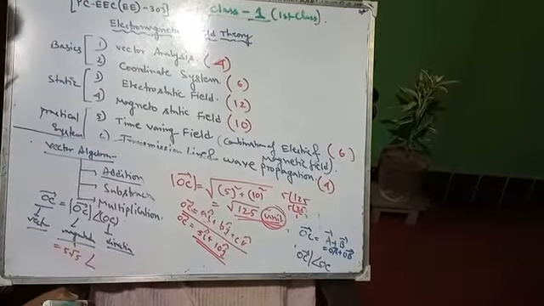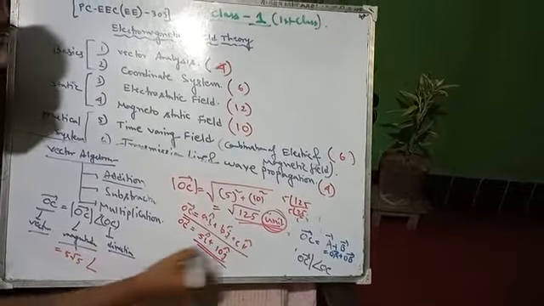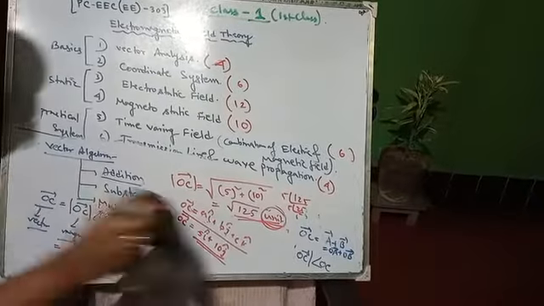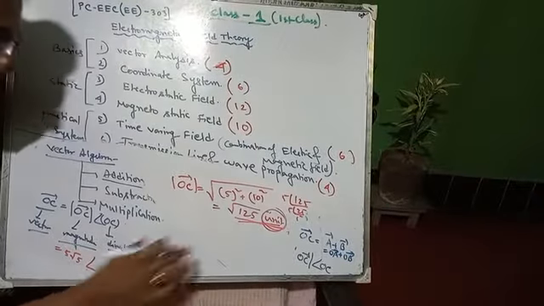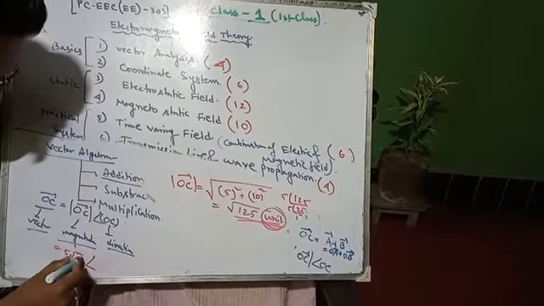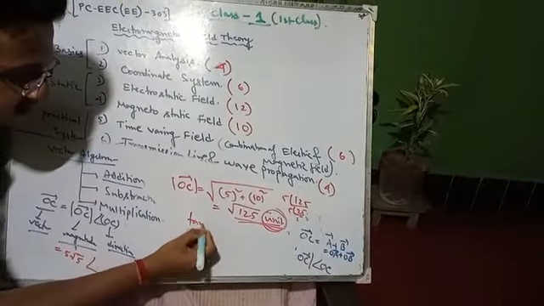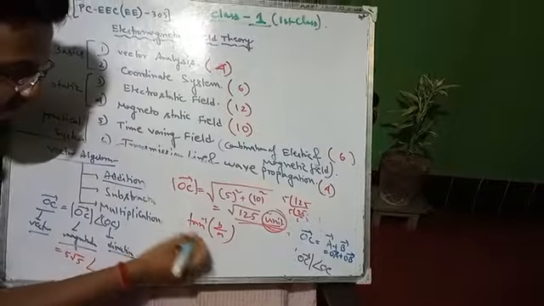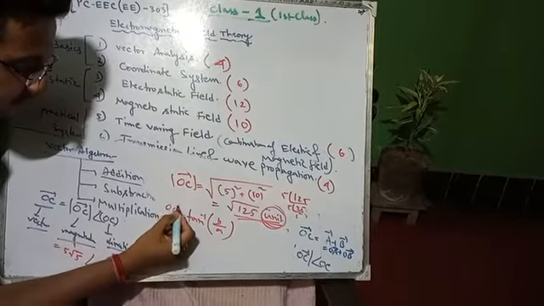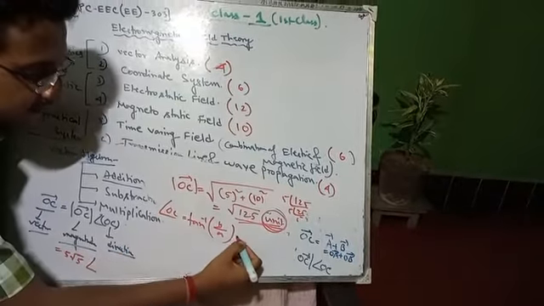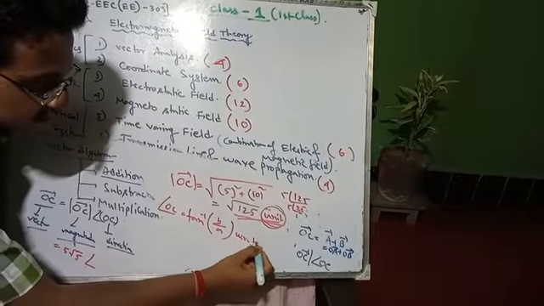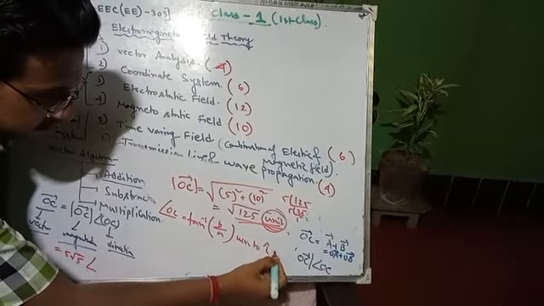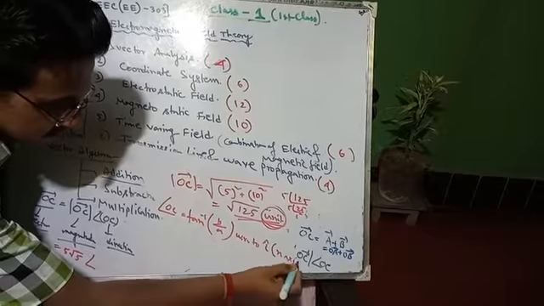And what is the direction? The direction will be tan inverse B by A. Mind it. The OC angle equals tan inverse, with respect to the i cap, always remember that is the x axis.